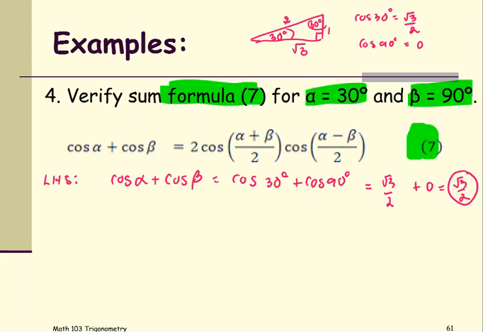Next, we're going to work on the right-hand side expression, to show that the two values must be the same. The right-hand side is 2 times cosine of alpha plus beta over 2 times cosine of alpha minus beta divided by 2.